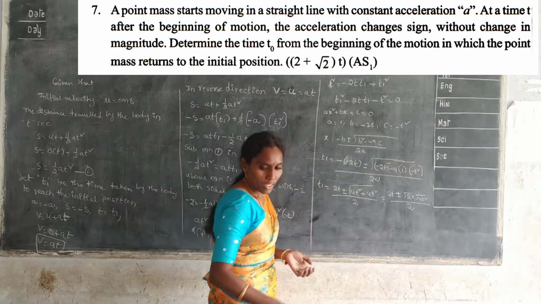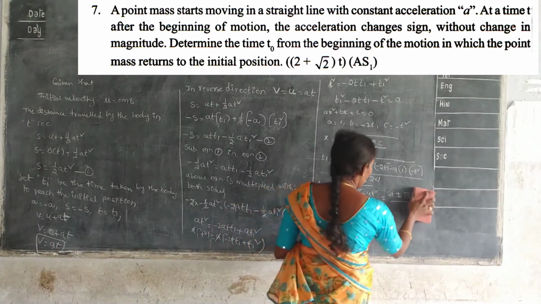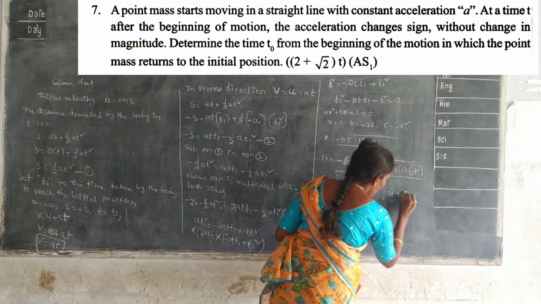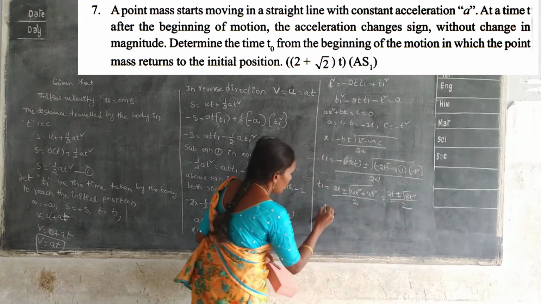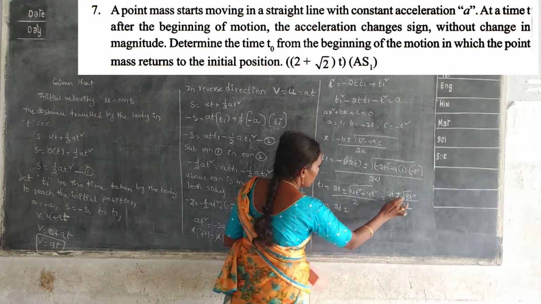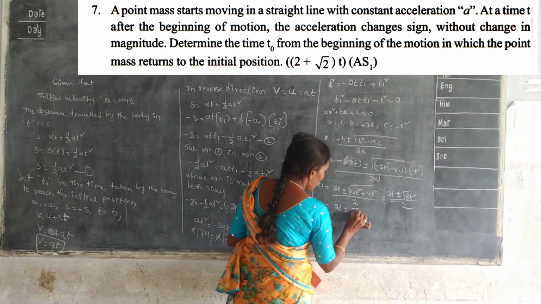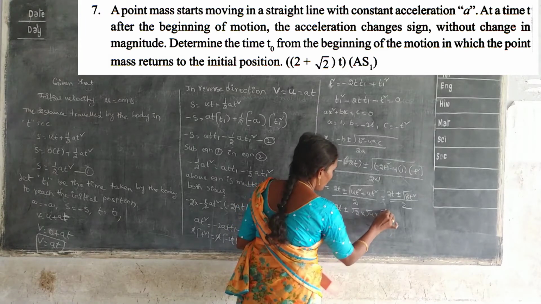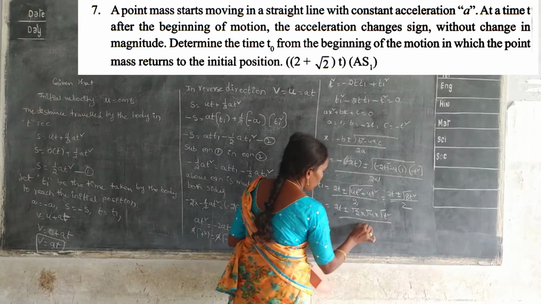Root 2 into root 4 is equal to root 8t square. This is 8t square by 2, equal to 2t plus or minus root 8t square, which is root 2 into root 4 into root t square, divided by 2.